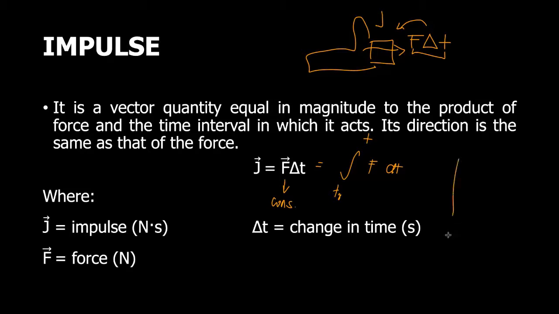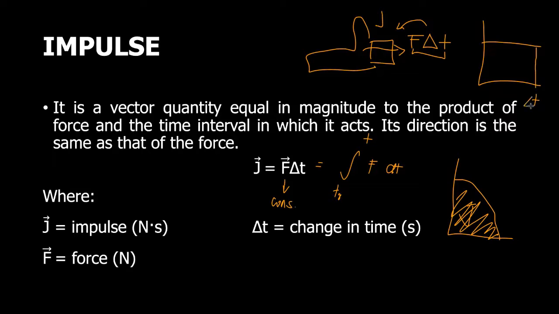So, pag titingnan natin sa graph, ito yung non-constant force mo, ito yung area beneath that curve is your impulse. And kung titignan naman natin sa isang constant force, syempre, to some time interval delta t, yung area dyan is just equal to yung original formula natin, which is F delta t.